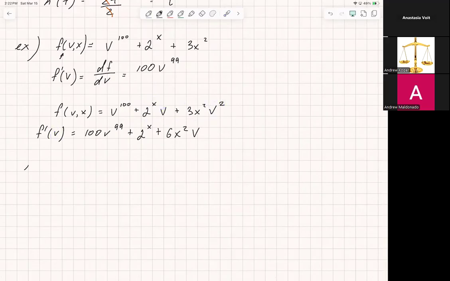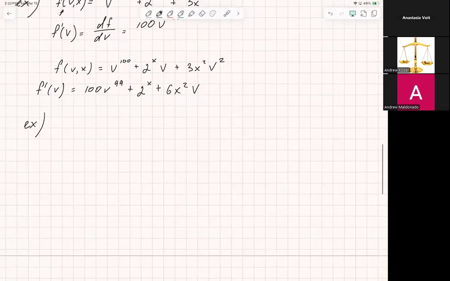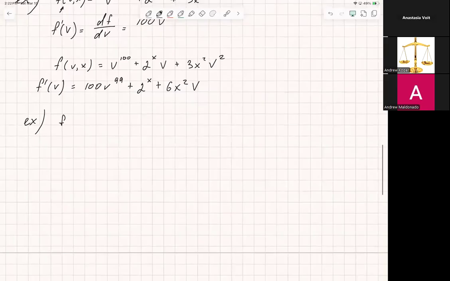Okay, next example. We have, let's say, f of s is square root of s over 4, right? So we did that before in class. It's the same thing as 1 over 4 times s to the power of 1 over 2, right? So if we want to find the f prime of s, that's going to be 1 over 4 times 1 over 2.